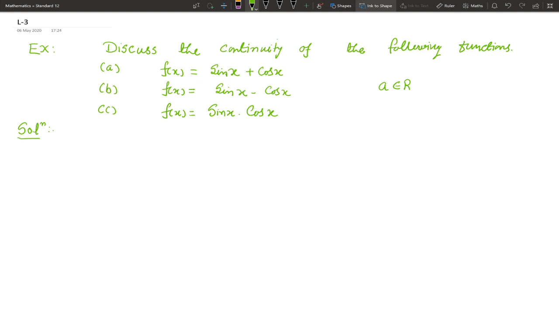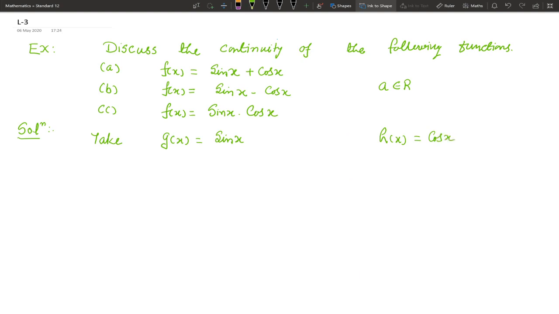So it is clear that sin x and cos x both are continuous on R. To prove this thing, we take a belongs to R arbitrary, take g of x equal to sin x, and we take h of x equal to cos x.